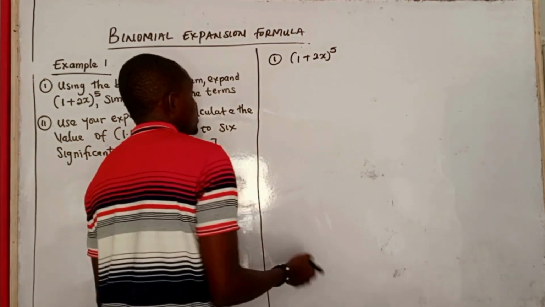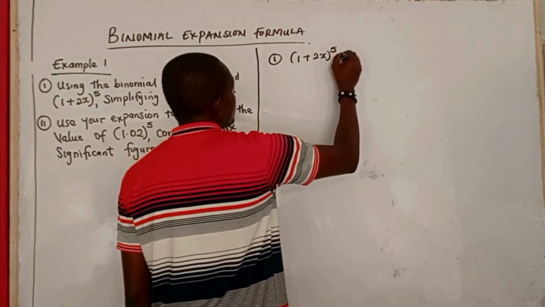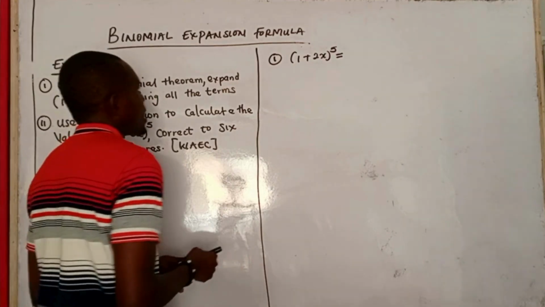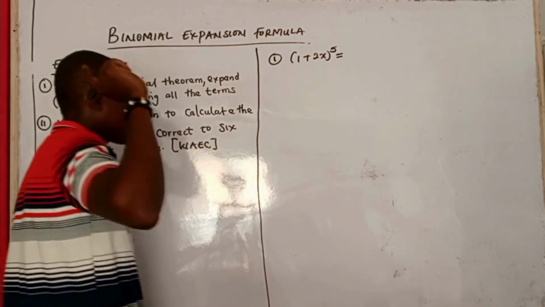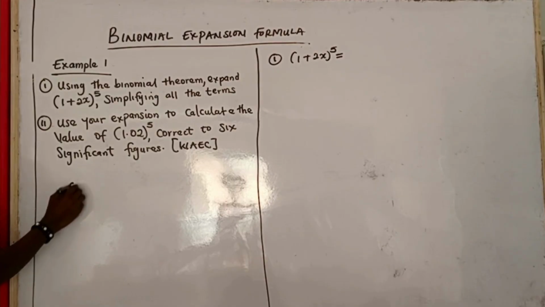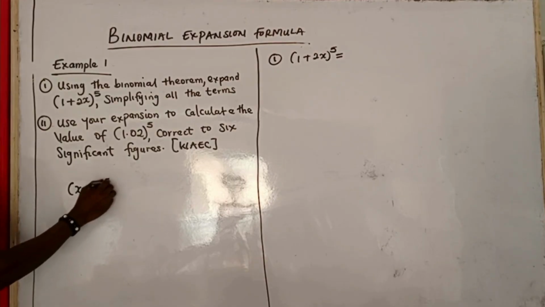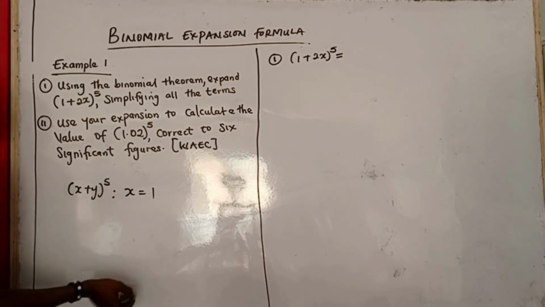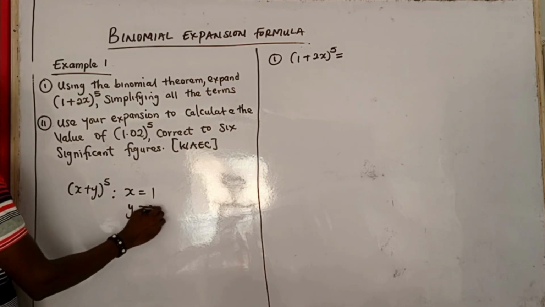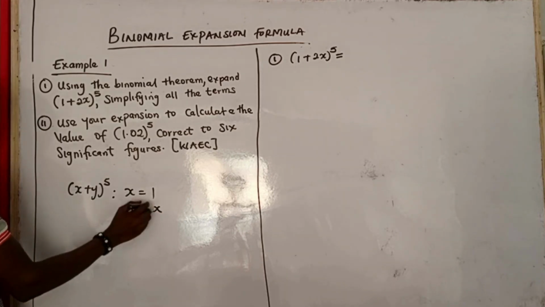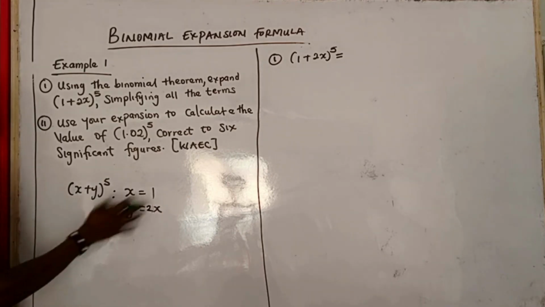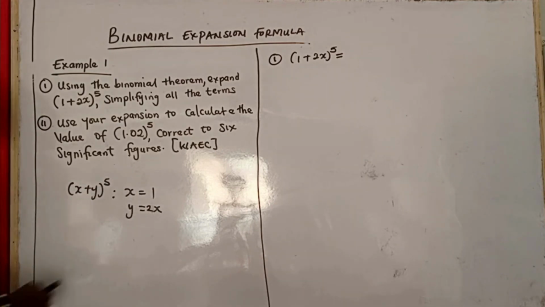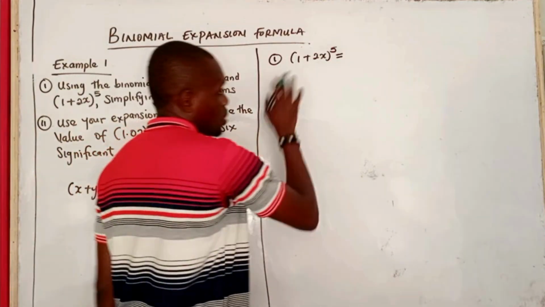Using the binomial expansion formula, if we compare it to the other one we had earlier, where we have (x + y) raised to the power of 5, it simply means that in this case our x is equal to 1 and our y is equal to 2x. By comparison, our x is equal to 1 and our y is equal to 2x. So we are working with it that way.